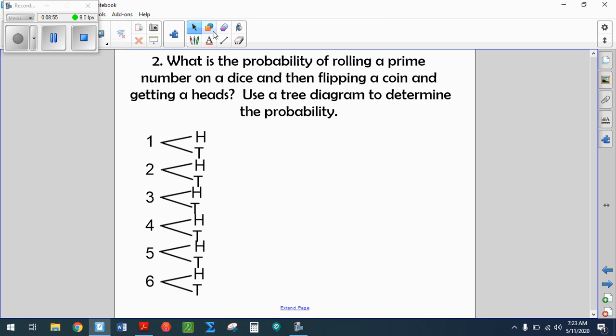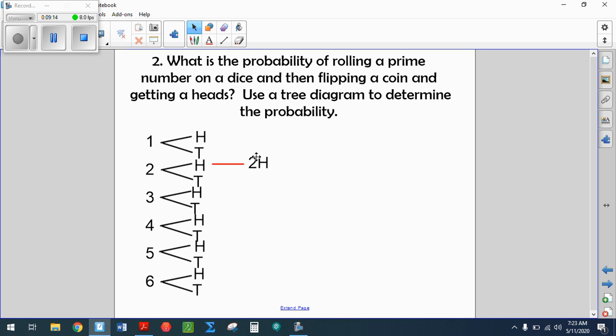Okay, and I'm not going to write them all out, but for example, this one represents rolling a 2 and getting heads when you flip a coin, right? The one underneath that is rolling a 2 and getting tails.